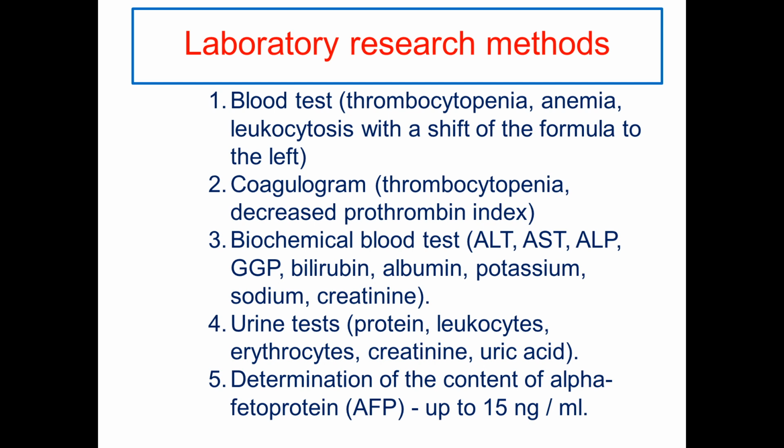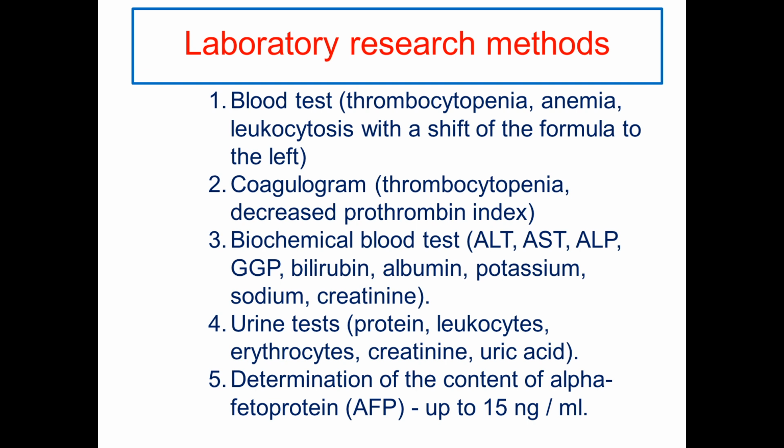Of course, in the first place, blood test, where we can find thrombocytopenia, anemia, sometimes leukocytosis and shift of formula. Coagulogram shows thrombocytopenia and decreased prothrombin index, which can result in hemorrhages. Biochemical blood test, of course, liver enzymes, bilirubin and albumin, potassium, sodium, creatinine.